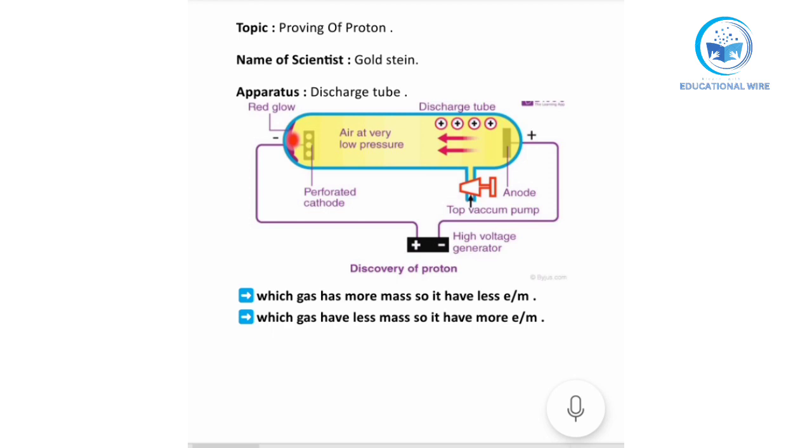When light glows over here, this process is called cathode rays. But when light glows on this side, behind the cathode, it is called a positive ray, or you can also say canal rays. I am writing here: positive or canal ray.